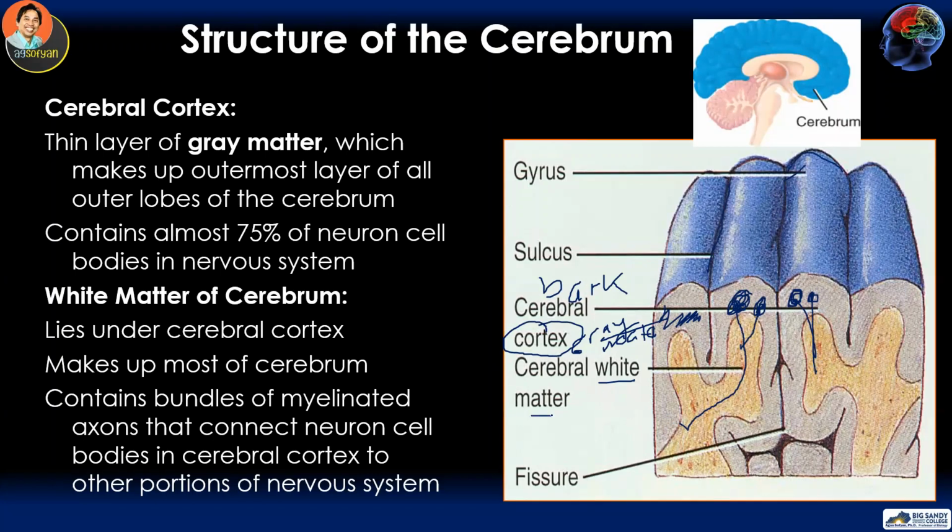The white matter is used by the axons. Thousands of axons or fibers are located in the cerebral white matter.